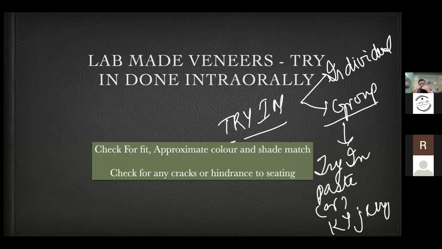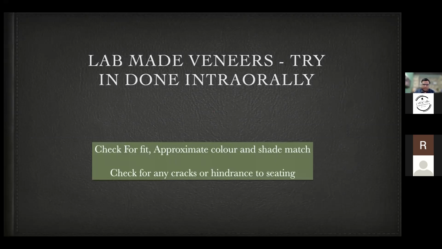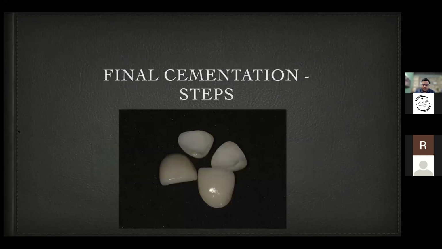Sometimes you realize if you try to fit both, one is getting dislodged. That means there is a high contact interproximally. You might have to slightly trim that using a disc so that the veneer can seat properly. So once you have a proper seating and your try-in is done, you will now start your final cementation steps.